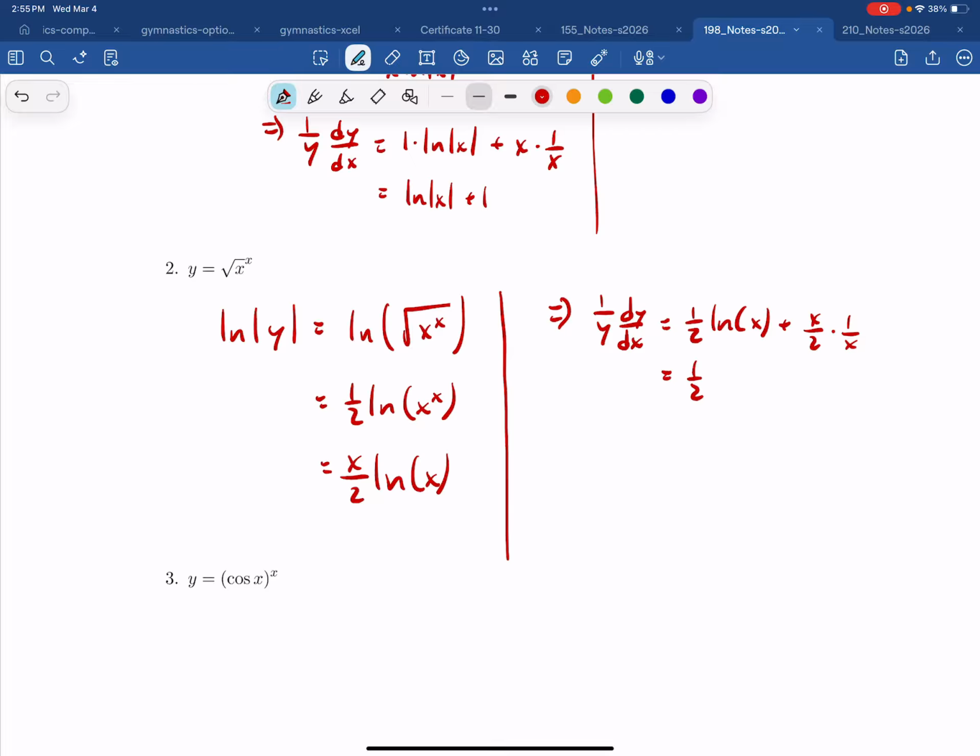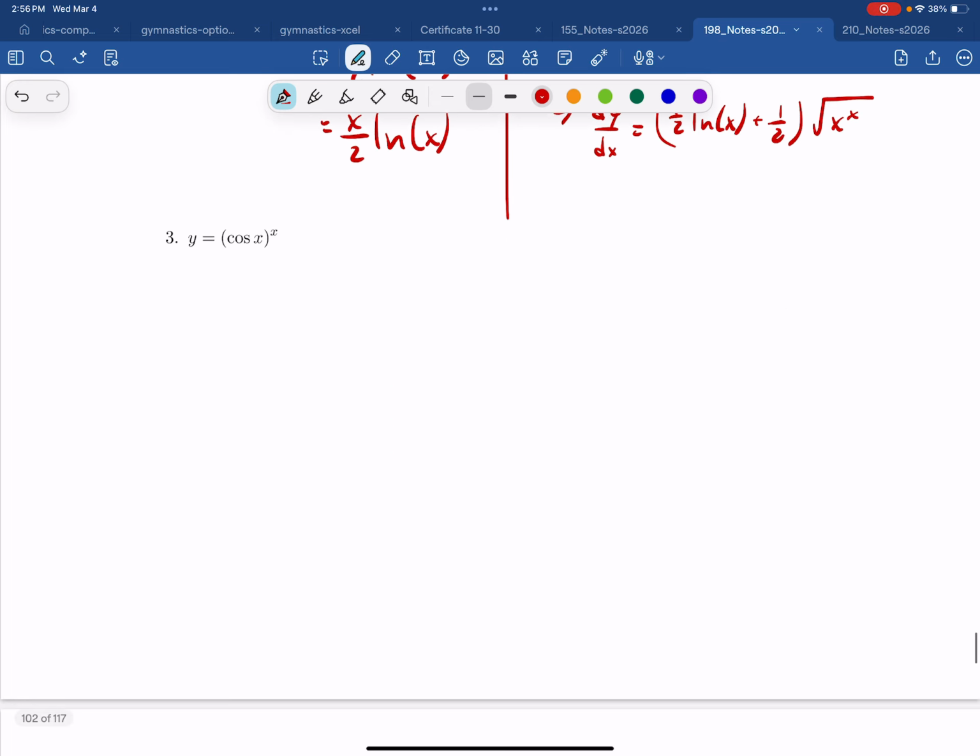Clean that up a little bit, which we always should. And then we get as our answer dy over dx equals, wait, what does it equal? Well, it's going to be all this times y, which is this guy. Okay.